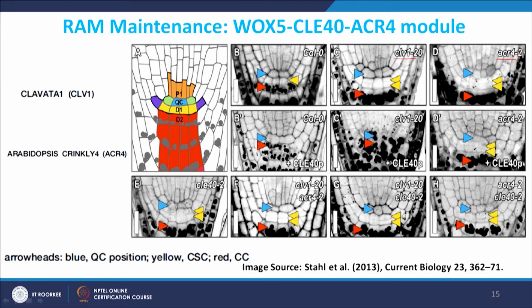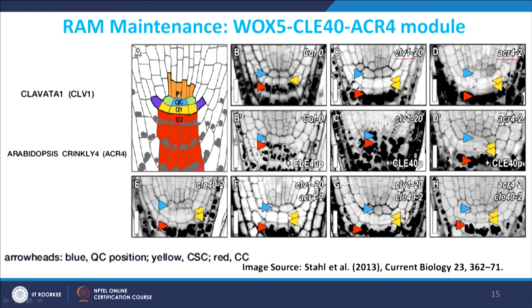In the clavata 1 mutant, this shows a phenotype which is very similar to loss of CLE40, and another gene which is called ACR4, which is basically Arabidopsis crinkly 4, also phenocopies the CLE40 mutant phenotype.